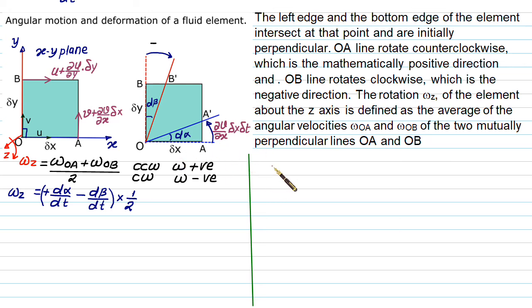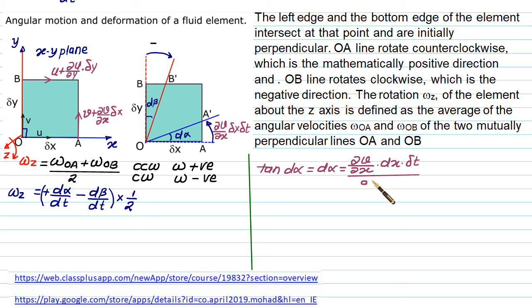If we take tan of d alpha, which is a very small angle, we can write it as d alpha, equal to opposite upon adjacent distance. The opposite distance is del v by del x into delta x into delta t, and the adjacent distance is OA, which is delta x. Using the definition of tan alpha, we can find the value of d alpha.